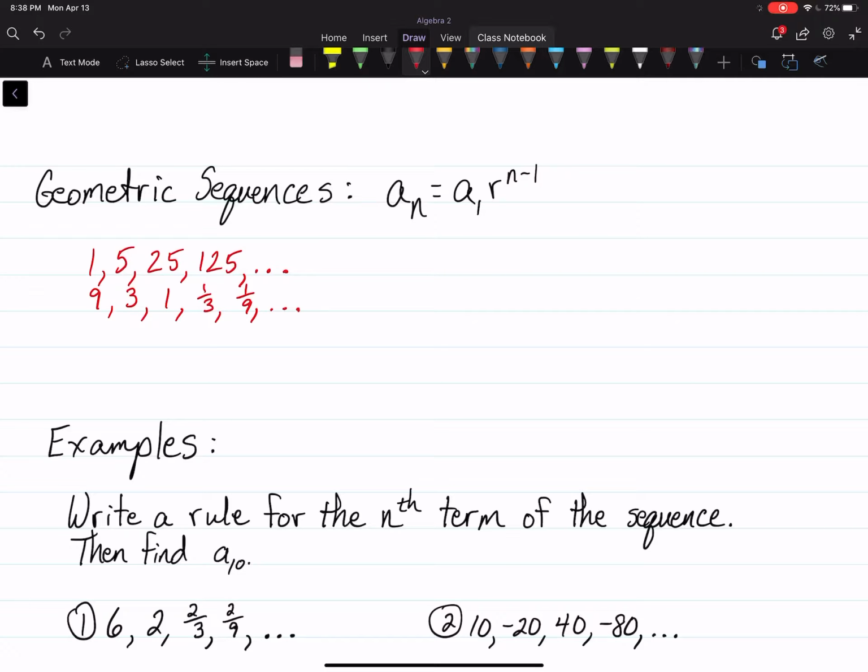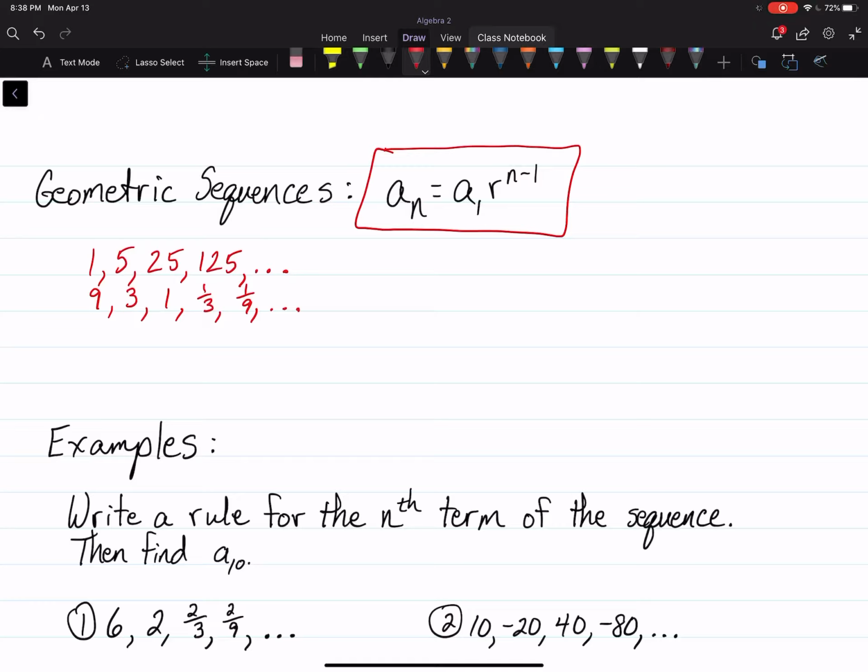Like our first one here is 1, 5, 25, 125, and that is multiplying by 5 every time to get the next number. The geometric sequence's equation, or the rule, is right here, and you read that as a sub n equals a sub 1 times r to the n minus 1 power.